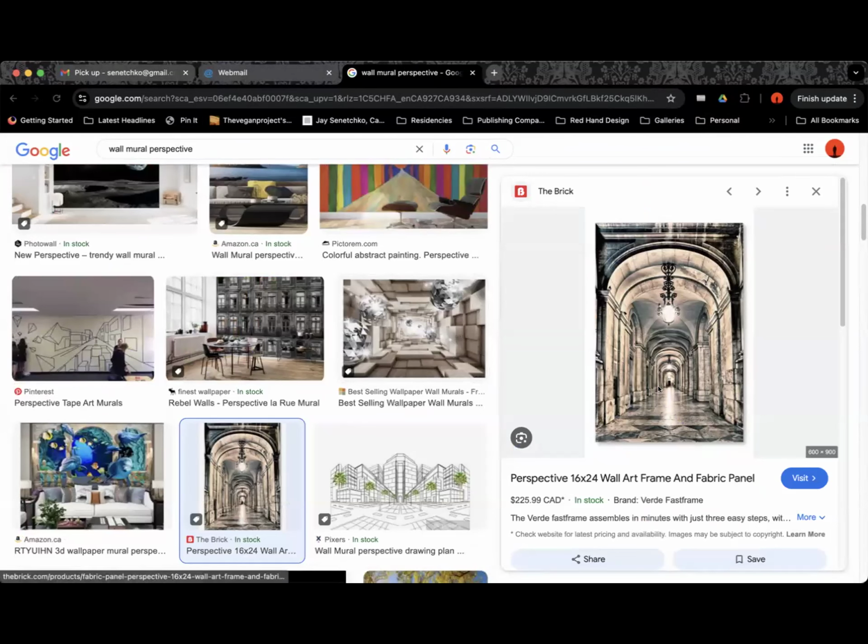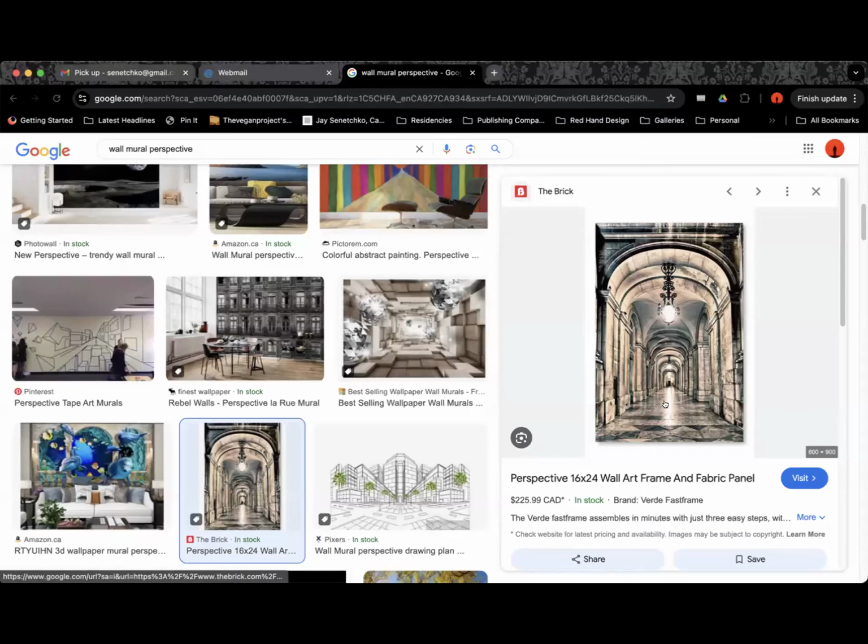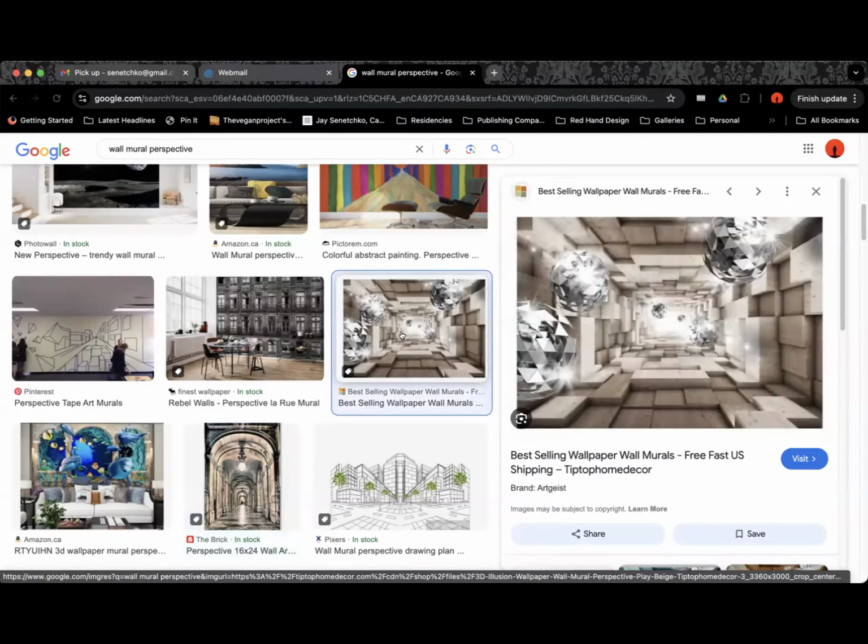So the idea here is that if you stood right in front of this point, your eye level right there, this barrel vault would look like an extension of your space. There would be no distinguishing between it and anything else. Same thing with this one: if you stood right in front of that point, this two-dimensional image becomes a space that appears like an extension of your three-dimensional space.